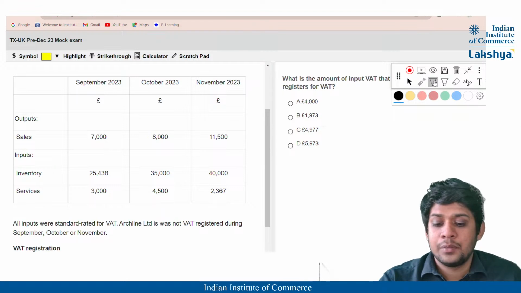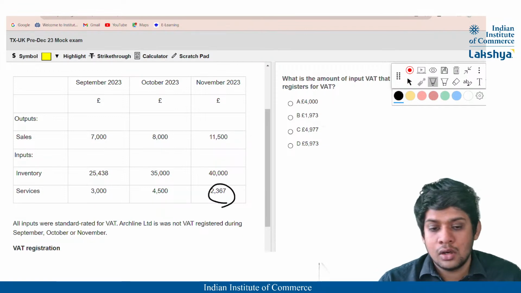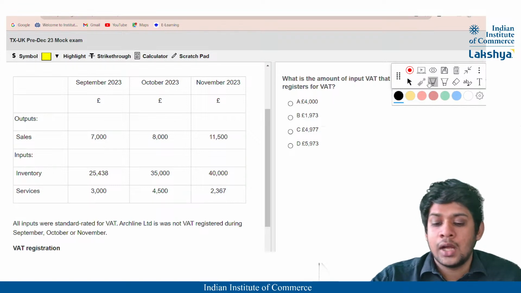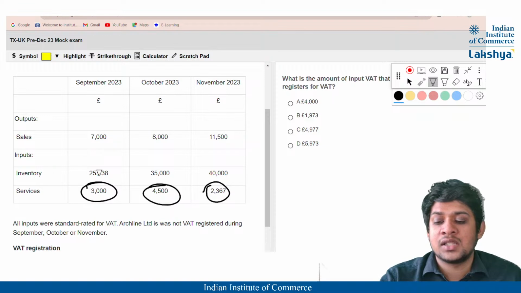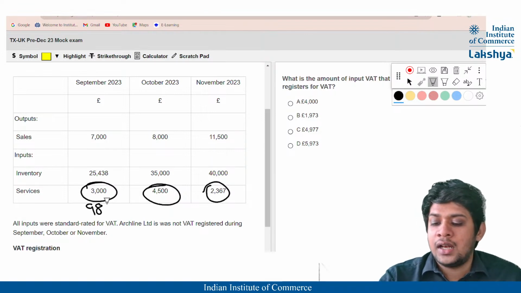Yes, all three values obviously will be considered. So 2,367 plus 4,500 plus 3,000, that is 9,867, plus the 20,000 inventory that was held.